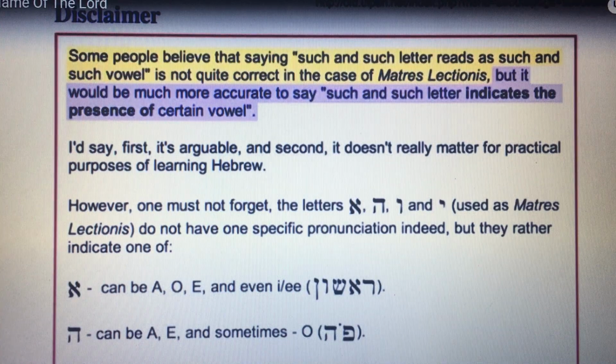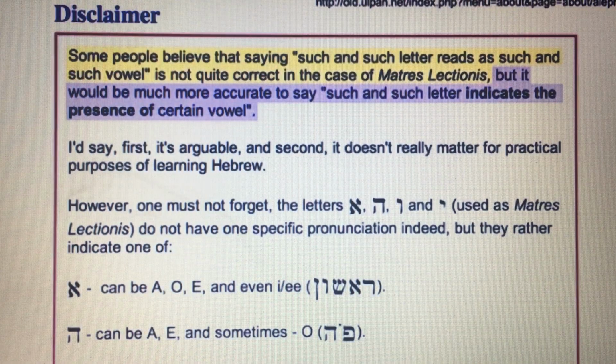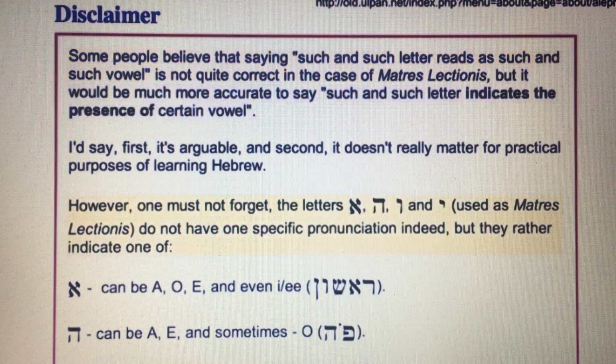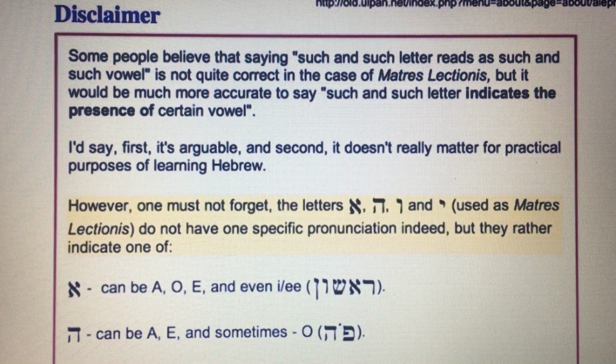Because scholars have been debating that since they discovered this system. The reason why is because in different writings throughout history, these quote-unquote vowel letters have been used differently. That's why it says this. However, one must not forget the letters Aleph, Hey, Wa, and Yod, used as Matres Lectionis, do not have one specific pronunciation, but they rather indicate one of several.